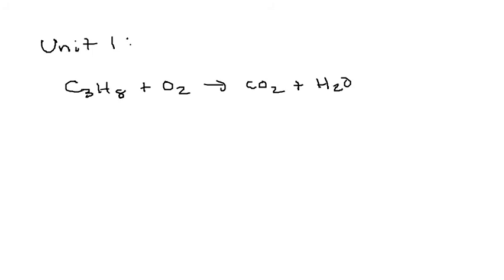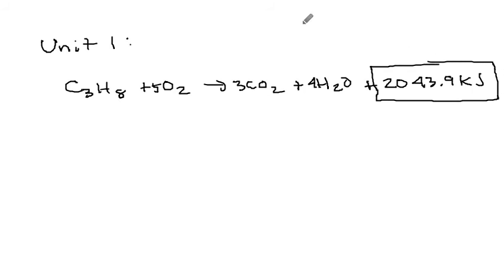So you'll take this reaction and you'll balance it. And in addition to all the chemical species, we'll tell you how to find how much energy is released when you complete a chemical reaction.